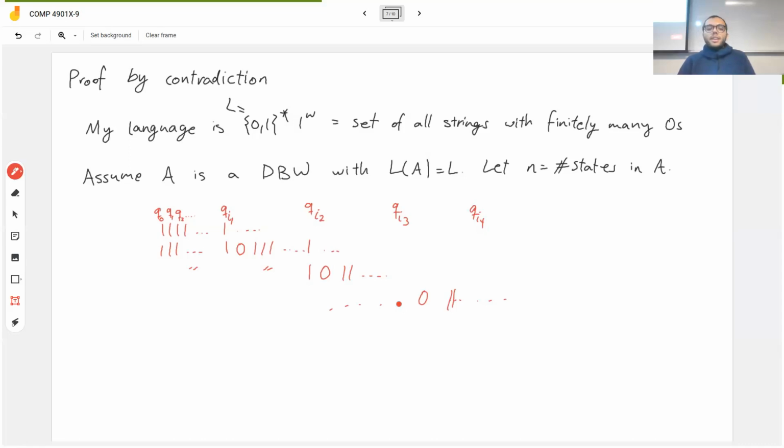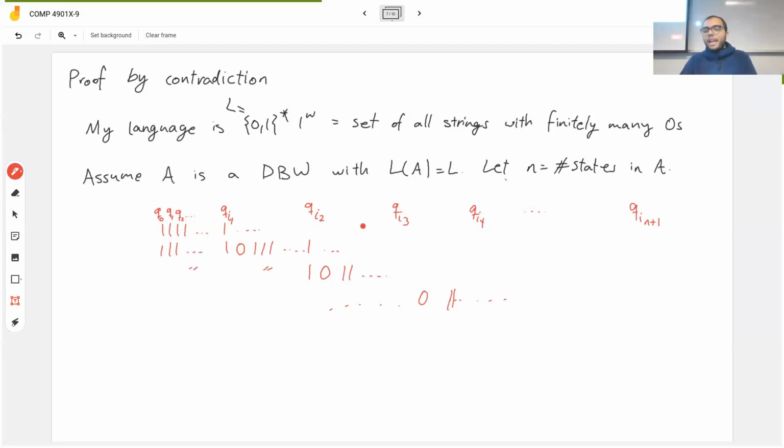Now I do this until I find n plus 1 such accepting states. So I continue until I find Qi n plus 1. So I create n plus 1 of these strings, and for each one of them, I find the first place where it's accepted. Now here's the thing. My automaton A had only n states in it.